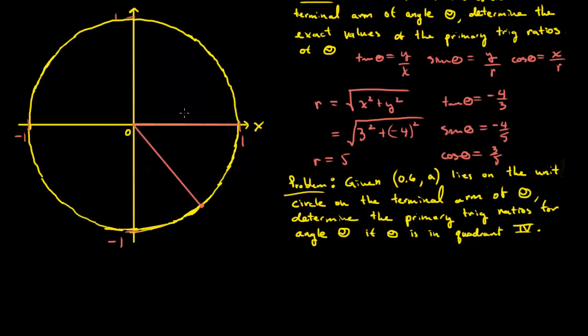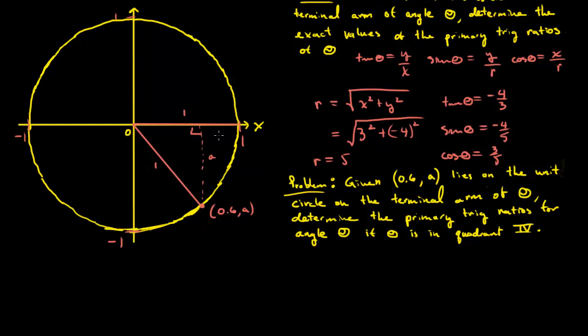We know that because this is a unit circle, this is 1 unit, and thus this is 1 unit as well. This point here is (0.6, a), and if I draw a distance down to the x-axis, perpendicular to the x-axis, this distance should be a. Now, since a is in quadrant 4, a has to be negative.